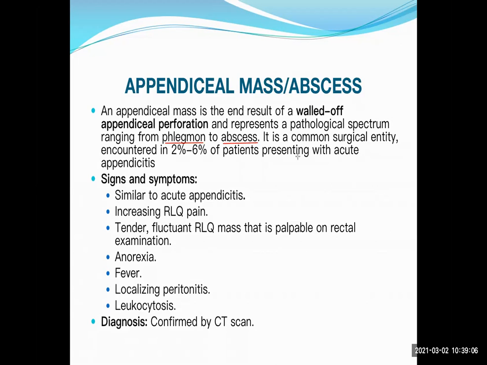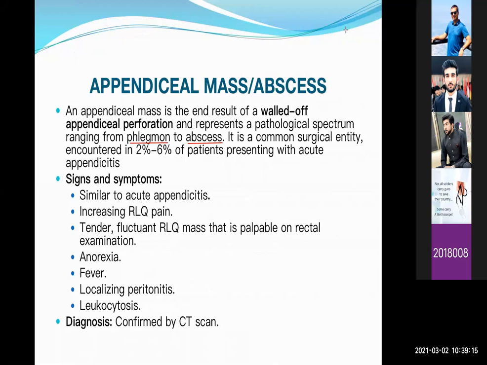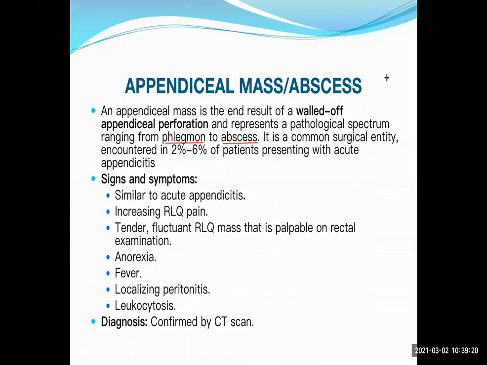This greater omentum will wrap this inflamed appendix and doesn't allow the infection or inflammation to go outside. Remember this. During that process, it will form a mass. This is known as appendicular mass. But sometimes the infection or inflammation is so much that abscess can form very easily. So it also contributes to the mass formation.